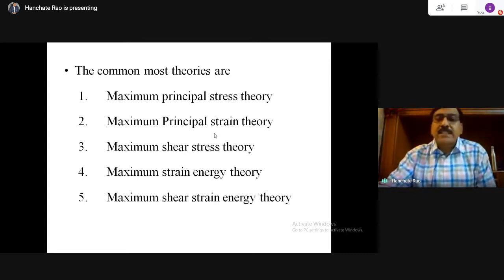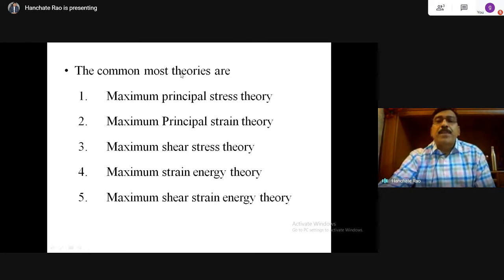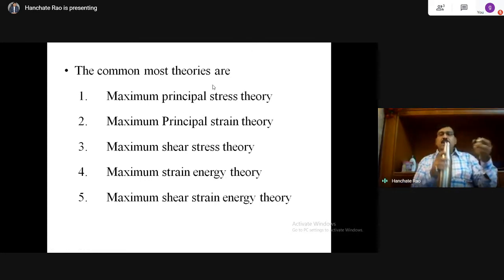So in the maximum shear stress theory, the maximum shear stress due to principal stresses is compared to the maximum shear stress at the yield point, which is sigma y by 2 in simple tension. So in all these theories, a property will be compared with two things at the yield point.